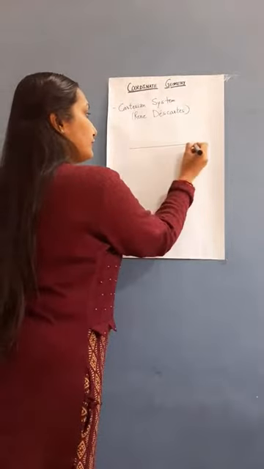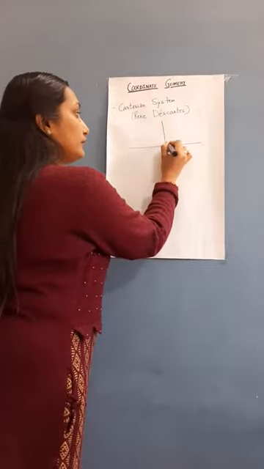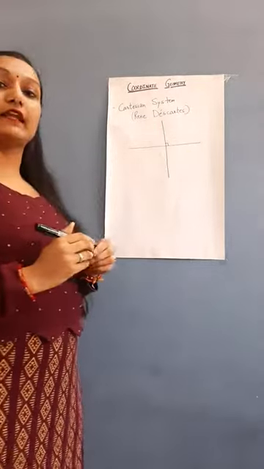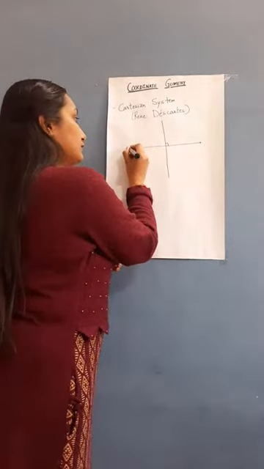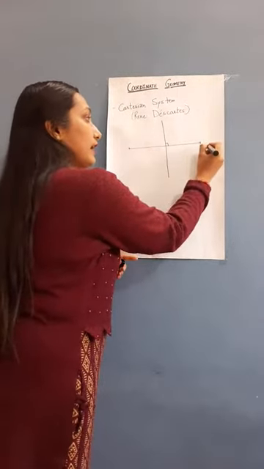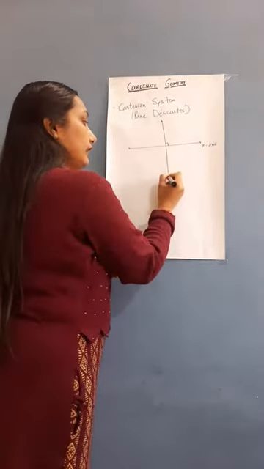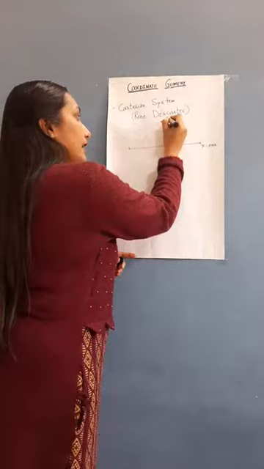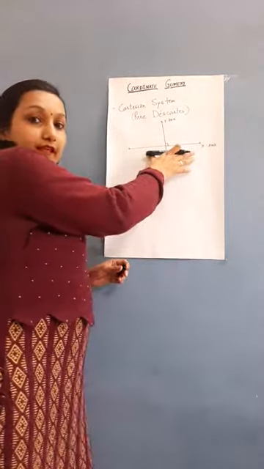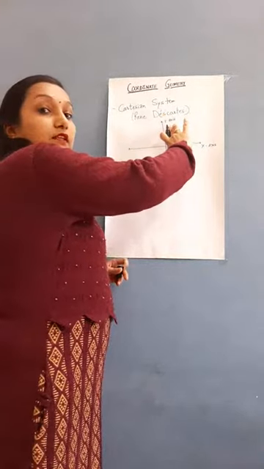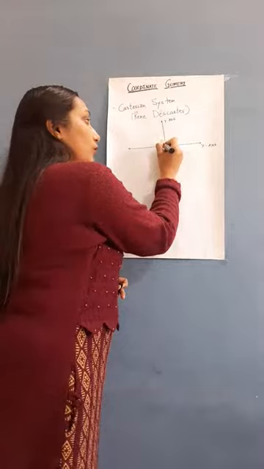So this is our first line and this is our second line, and they both should meet each other at a 90-degree angle. He called this horizontal line the x-axis and this vertical line the y-axis, and they both are meeting at a point O.